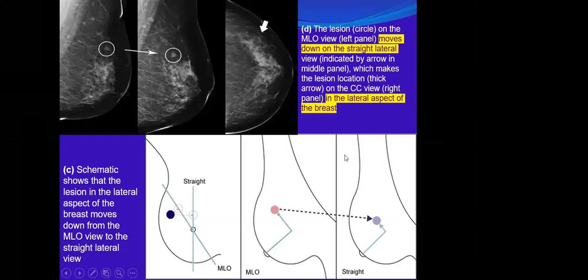While here, this is the lesion on the MLO, and on the straight lateral it is going down.